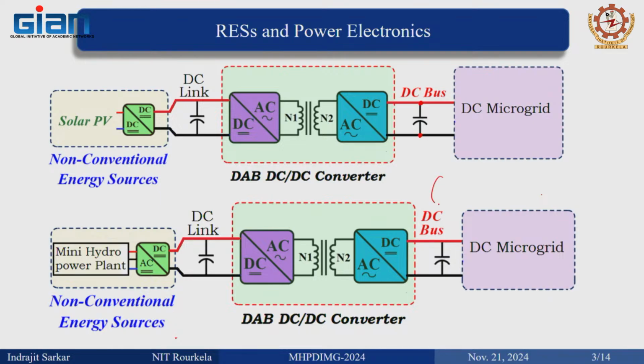Instead of the back to back converter connected to the grid, here this DC link voltage was fixed or regulated through this converter, and MPPT was done by this, and this is only achievable when this DC link voltage is regulated.